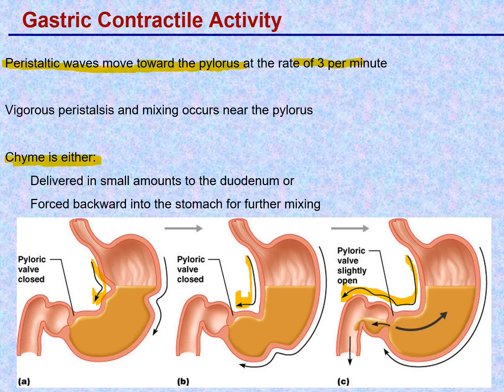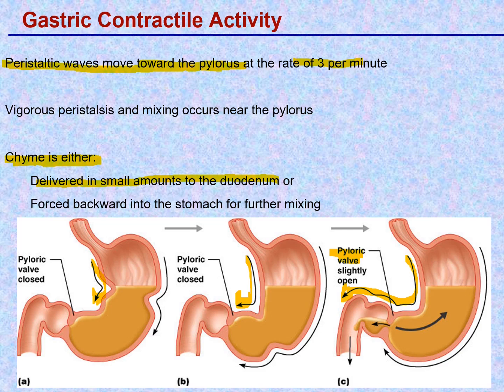Now the chyme will be delivered in small amounts into the duodenum as the pyloric sphincter, or pyloric valve, sphincter is a better term, relaxes and allows chyme to move into the duodenum. So chyme is delivered in small amounts, squeezing through just like a paste through the open space of the relaxed pyloric valve and into the duodenum.